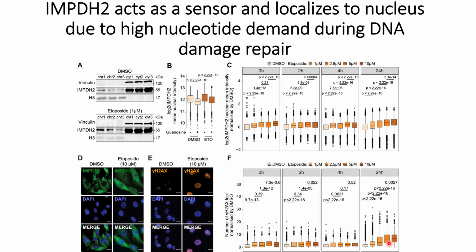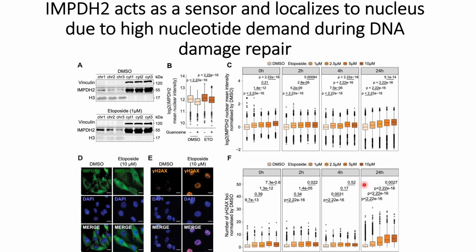For example, at 24 hours we can see that 10 micromolar and 5 micromolar have more DNA damage compared to 1 micromolar or 2.5 micromolar. So DNA damage repair is still ongoing at this 24 hour time period, because the signals for the DNA damage are still higher at this point.